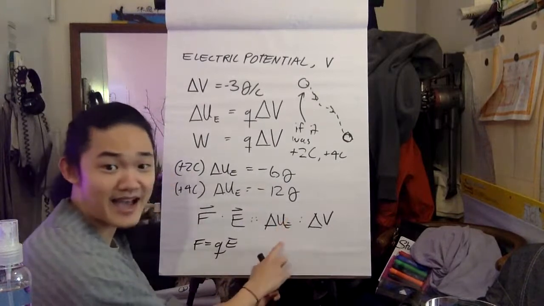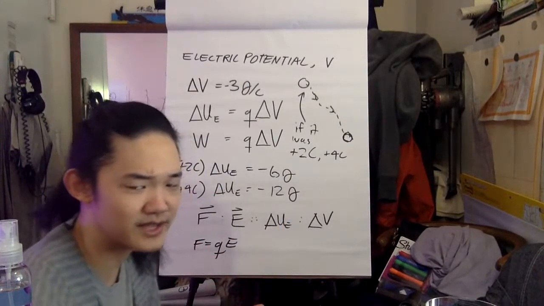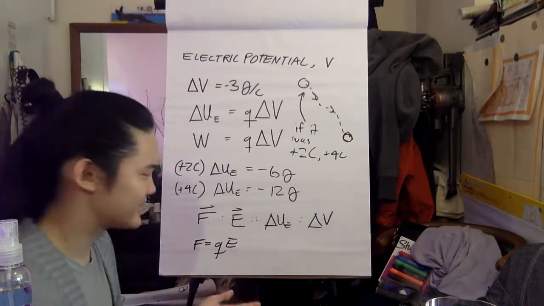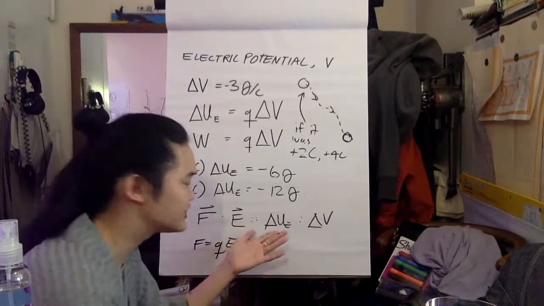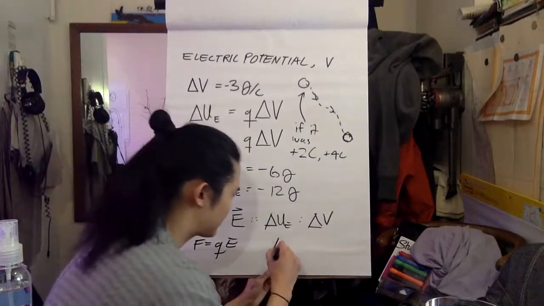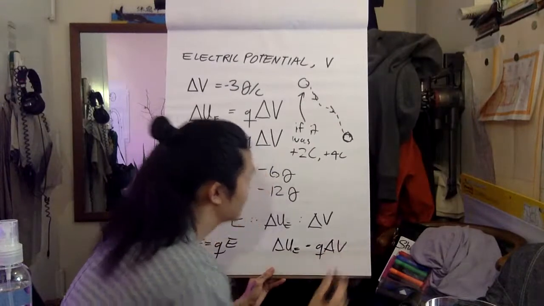Now, this is the exact same thing. What is potential difference? What is electric potential? Don't worry about what it is, right? All it is, it's a tool that'll let you know how much energy I gain or lose once I know the charge, right? Because change in electric potential energy is just Q times delta V, right?